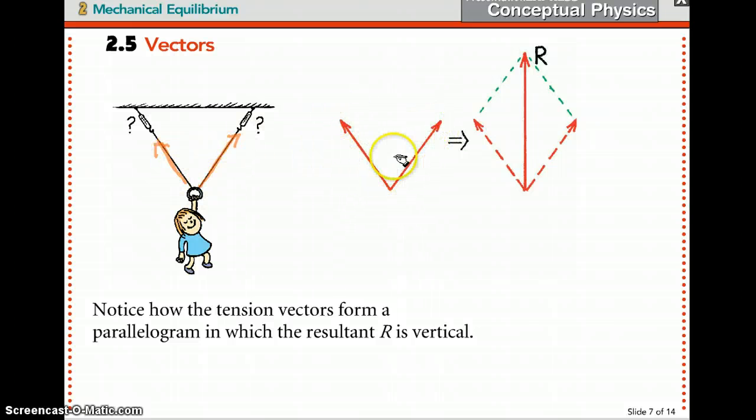Again, I can translate a vector up here, make it the same length, and then I translate this one over here, sloppy, and then we connect them. There's our resultant. That is the total tension in this rope for Nellie.